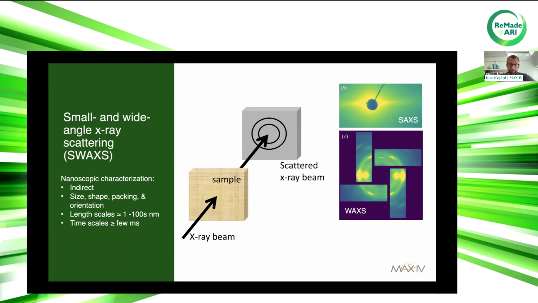But still, these techniques provide information on size, shape, packing, and orientation of nanoscale constituents in the sample. Typically length scales from a nanometer to hundreds of nanometers. On some instruments, you can go up to a couple of micrometers even. And at modern synchrotron light sources, we go down towards milliseconds, fairly straightforwardly into the microsecond regime if one is doing some sort of pump probe experiment, for example.